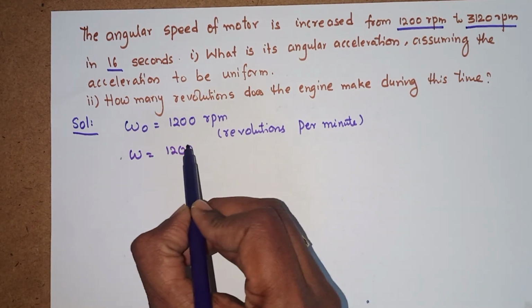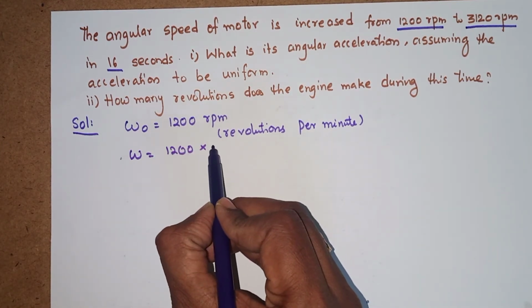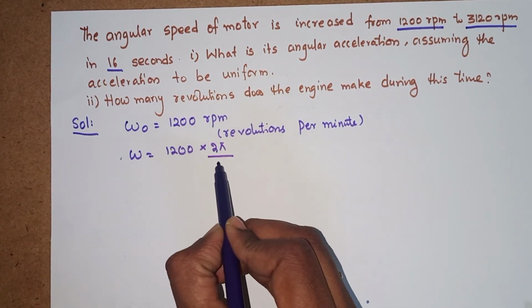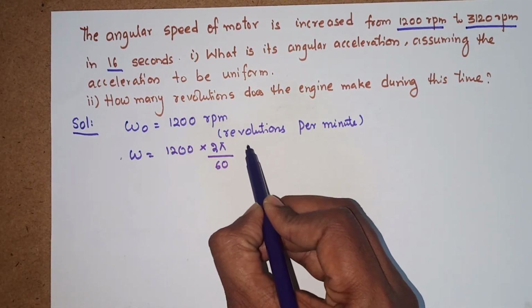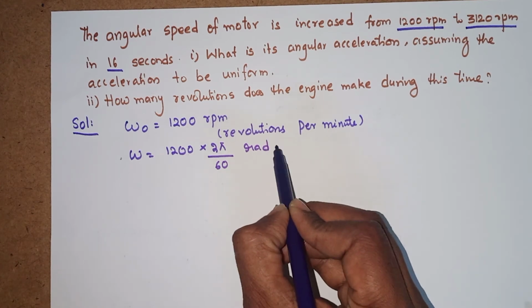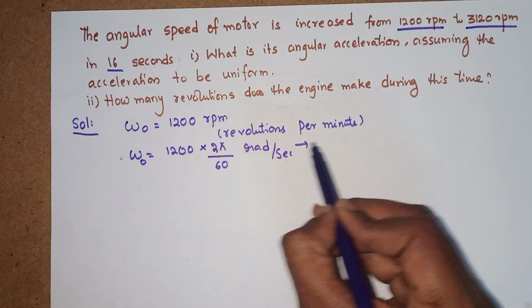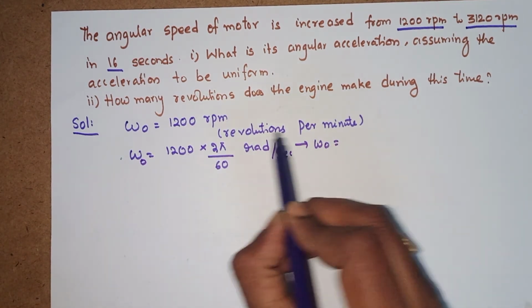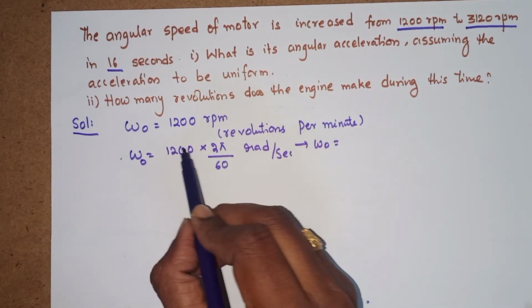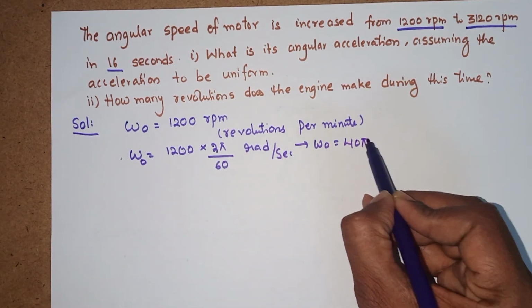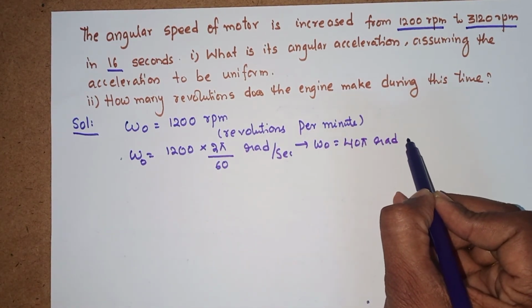One revolution is equal to 2 pi radians, and per minute means per 60 seconds. Now omega naught is equal to 1200 times 2 pi by 60, so 60 into 20, 20 into 2, which gives 40 pi radians per second.